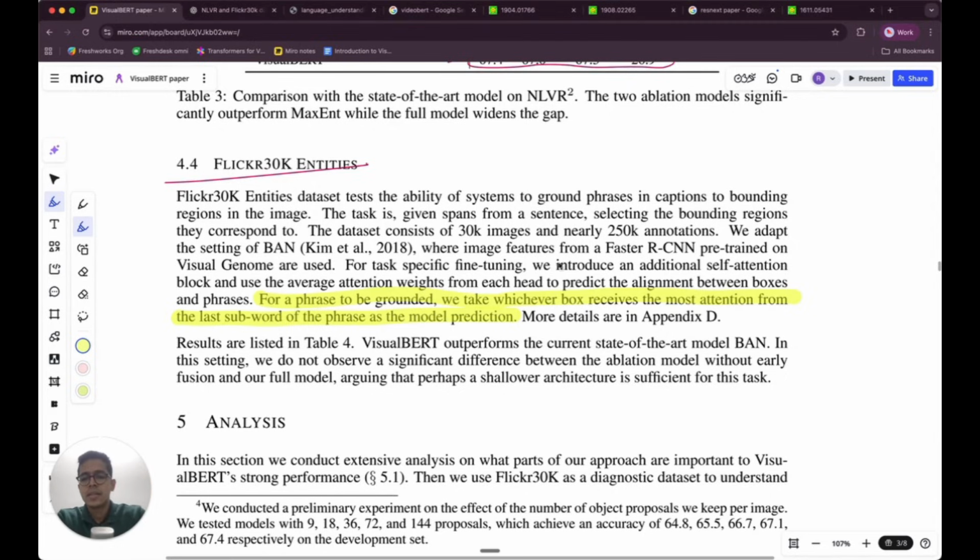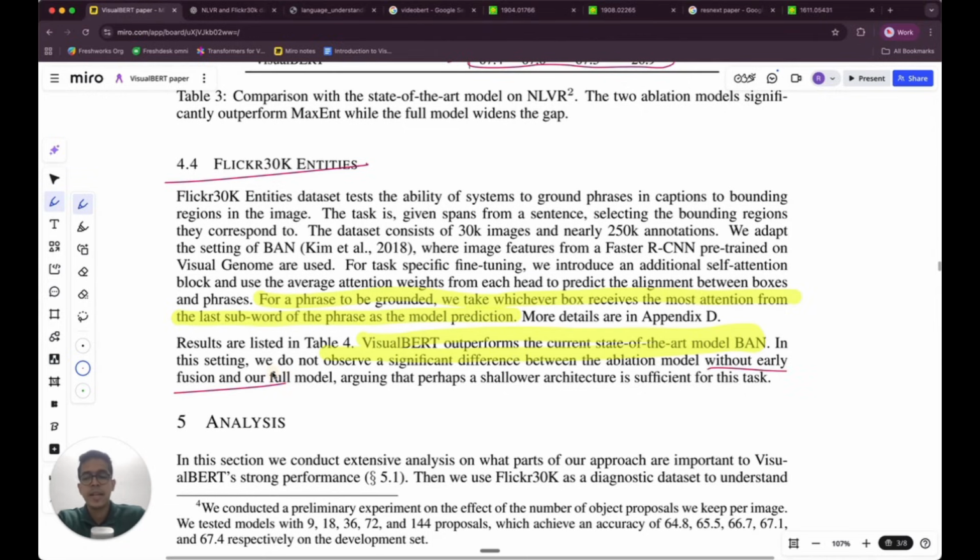Okay. Results are listed in Table 4. VisualBERT outperforms the current state-of-the-art model BAN. Okay, this is amazing. In this setting, we do not observe a significant difference between the ablation model without early fusion and our full model, arguing that perhaps a shallower architecture is sufficient for this task. So this is good to know, because do you remember what this without early fusion model is?